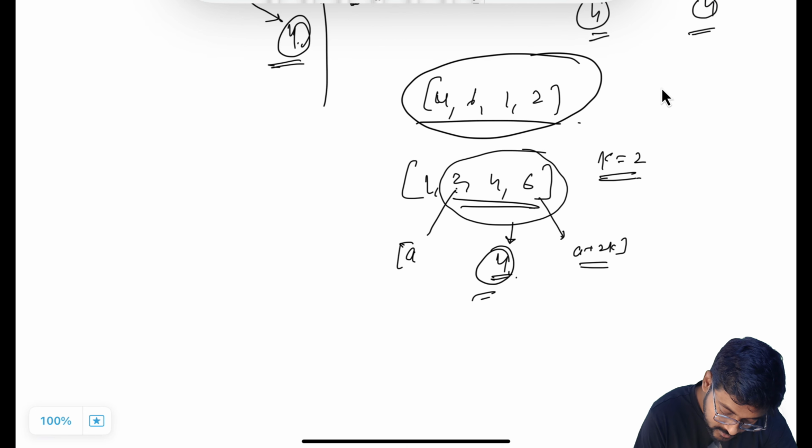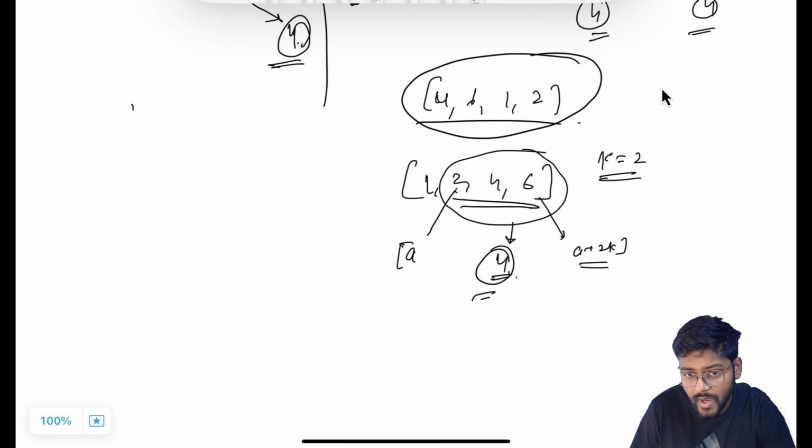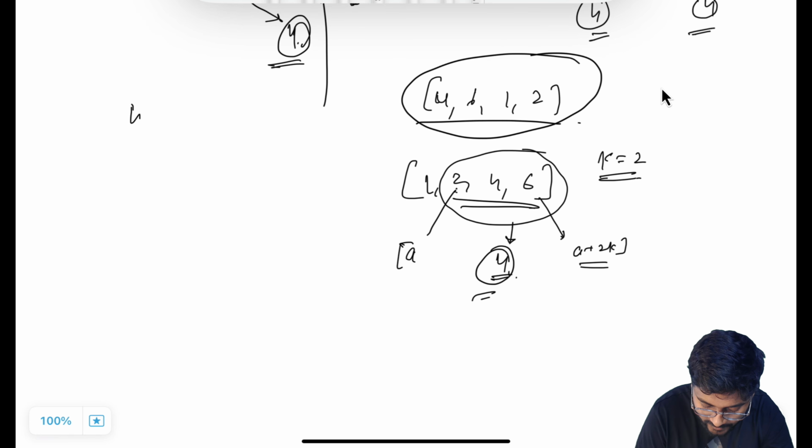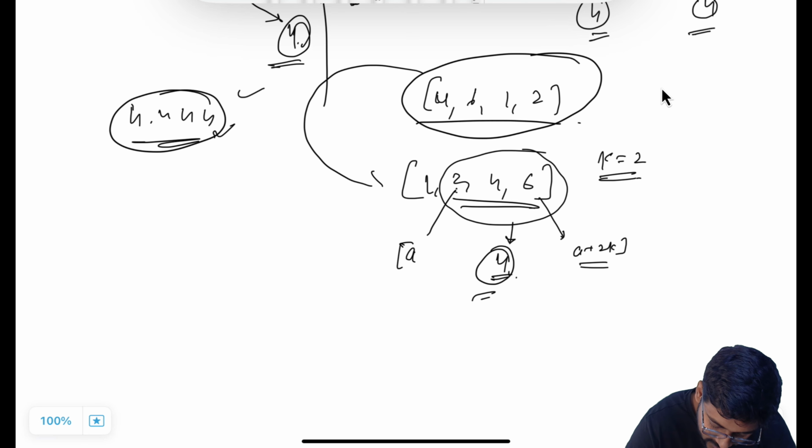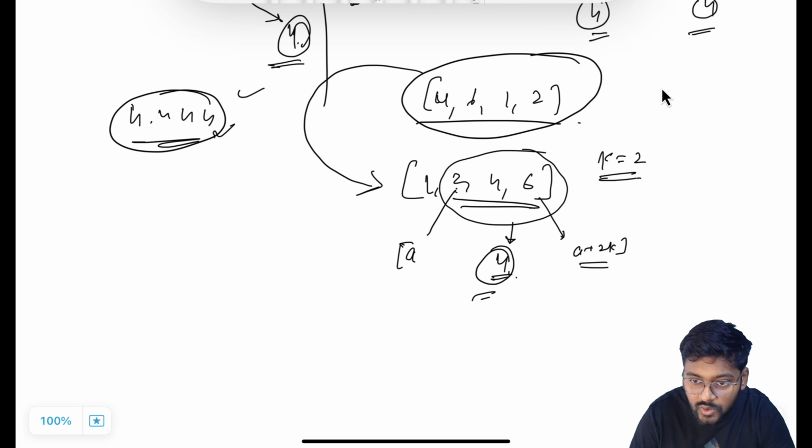Now as I want the subsequence, and that subsequence is having all the elements equal to the same number, I am not concerned about the ordering, right? So if we do the sorting of the given array, then we are able to find elements in a specific order.